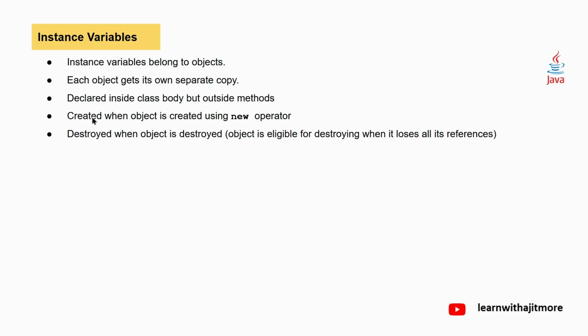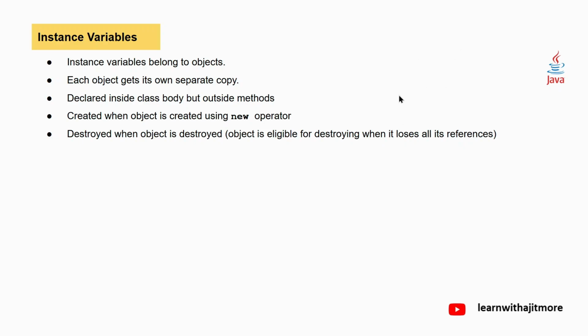Okay. Then when are they destroyed? When the object is destroyed. But when do we actually say the object is destroyed? When it is eligible for garbage collection. And when is it eligible for garbage collection? When it has lost all its references. So an object is eligible for destroying when it loses all its references. Correct? I gave an example.